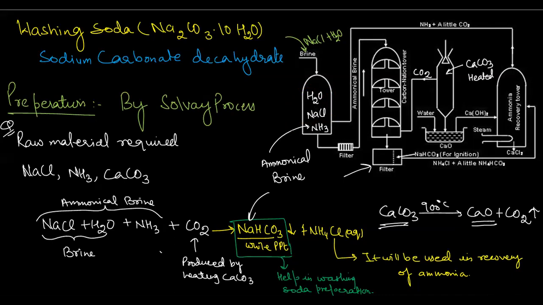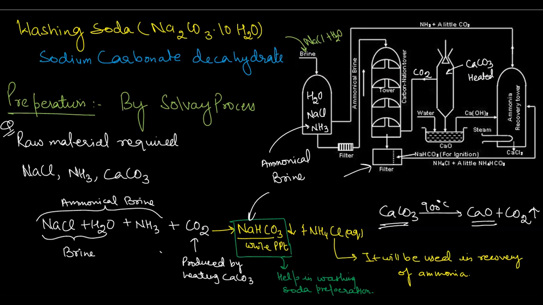Then we pass ammonia gas, NH3, through the brine, and it forms ammoniacal brine. So NaCl and water is only brine, but NaCl, water and ammonia together are ammoniacal brine.